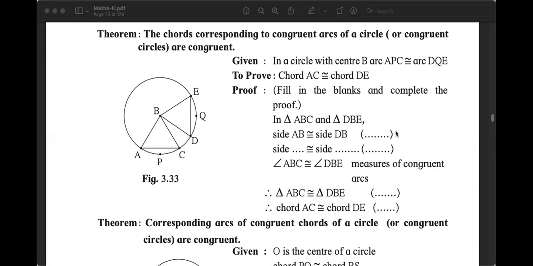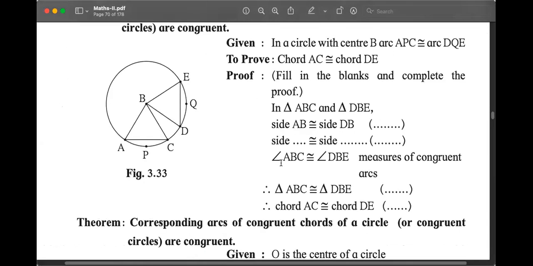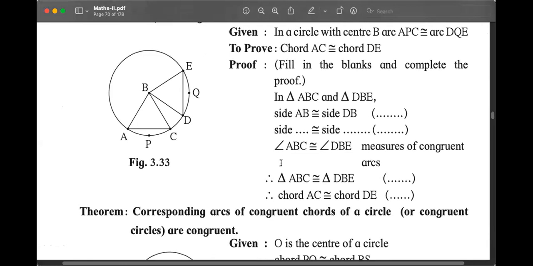क्या मतलब है इसका? Let us take an example. We have a circle with center P. And we have two arcs APC and arc DEQ, which are congruent.